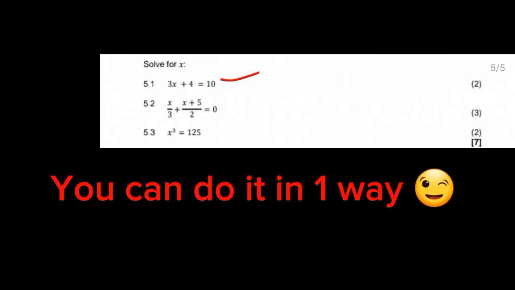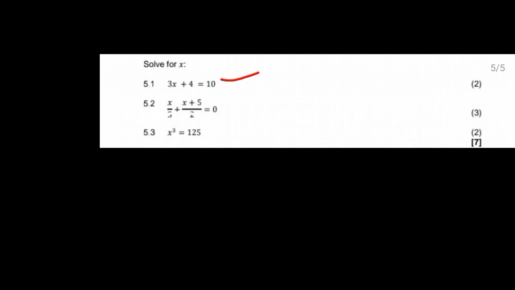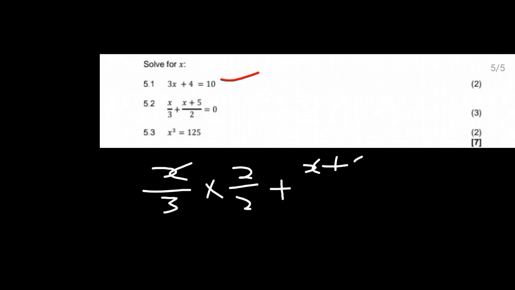First way, okay, we make sure that our denominators are the same. We're going to add these fractions, x over 3. Then of course we multiply by 2 over 2, then plus x plus 5 over 2 multiplied by 3 over 3, then equal to 0.